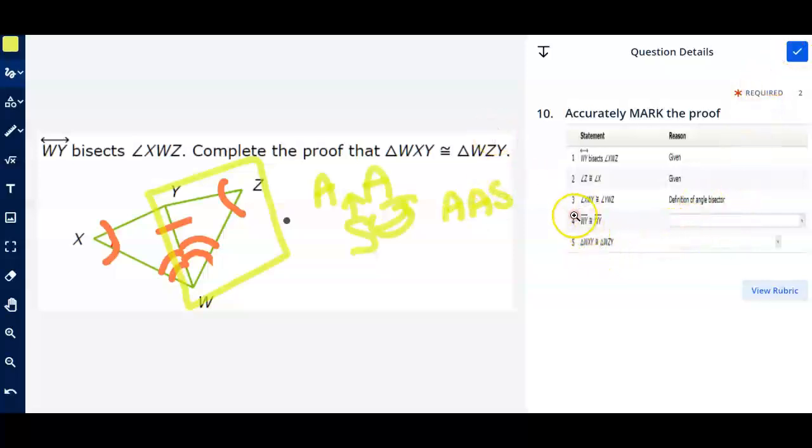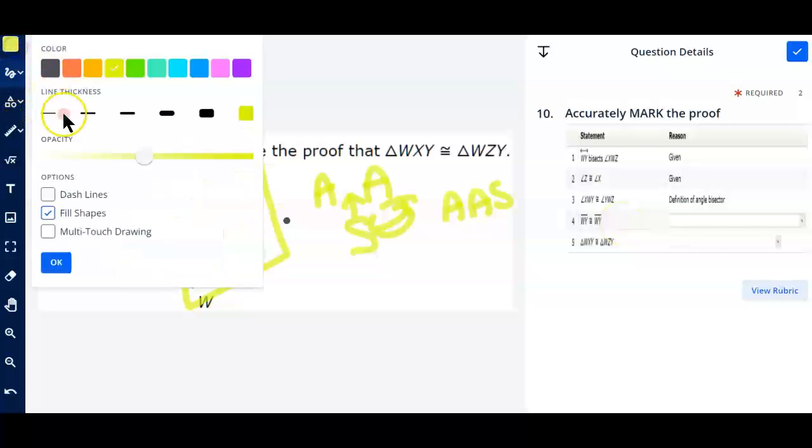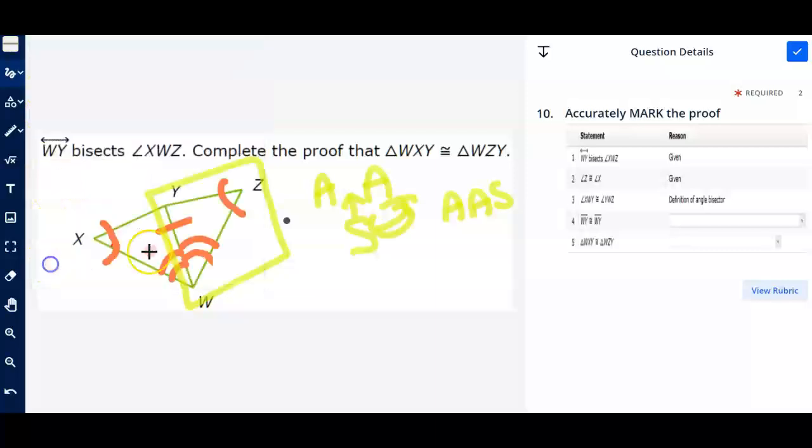Now, why is WY congruent to WY? And I'm just going to write this in here. This was helpful for first period. I'll get a thin pen right here. When we have anything where it is congruent to itself, WY is congruent to WY, you could picture this.